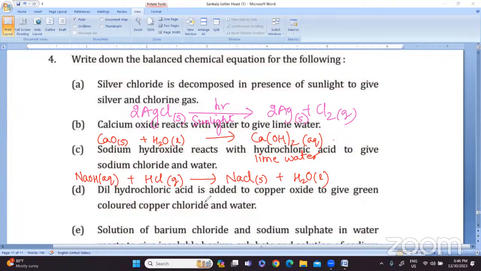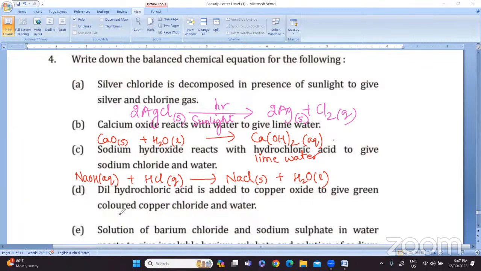Here sodium is 1, oxygen is 1, hydrogens 2. Chlorine is 1, here chlorine is 1. So it is a balanced reaction: sodium hydroxide plus HCl giving you NaCl plus water. Like this you have to write the reaction.